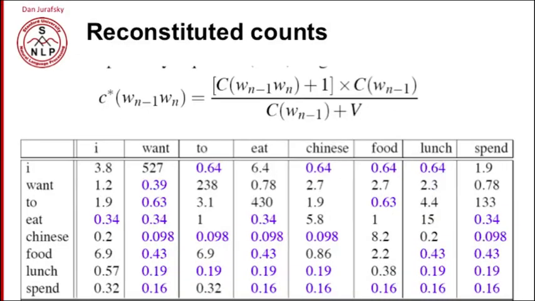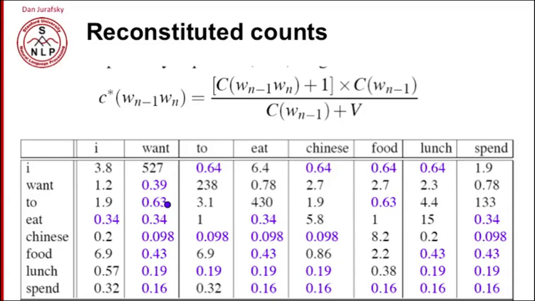Now we can also take those probabilities and reconstitute the counts, the number of times we would have to see things to get those add-one probabilities naturally. So we take our probabilities and re-estimate the original counts as if they were the numbers that would have given us these probabilities.